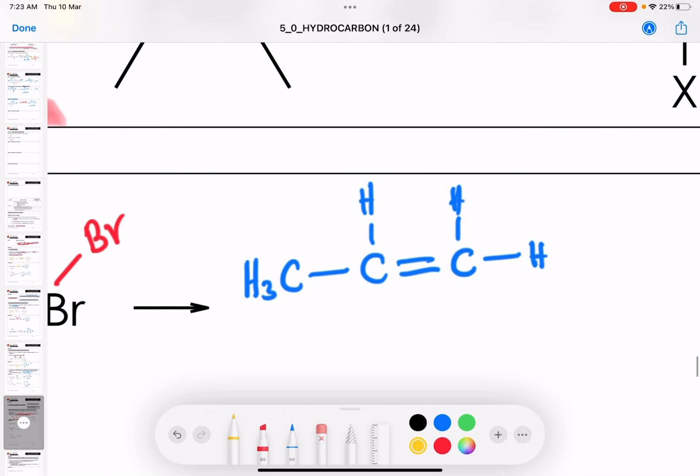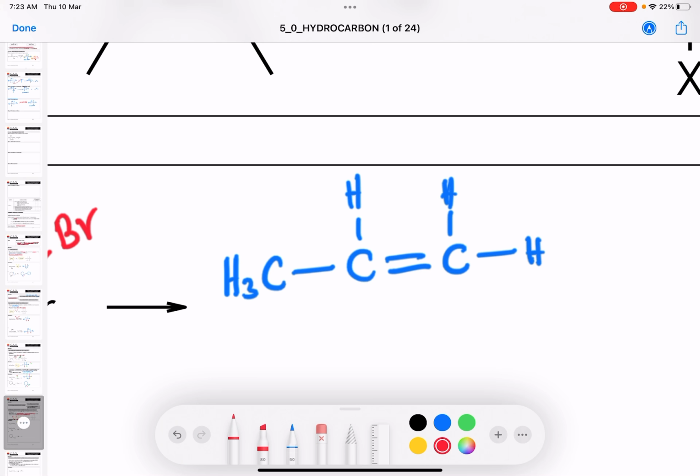Okay, so let's take a look at this. As usual, this will be my carbon 1 and this will be my carbon 2. You have to identify which carbon has more hydrogen. Is it C1 or C2? So the answer is C2, because it has 2 hydrogens directly attached to it, whereas carbon number 1 only has 1 carbon directly attached to it.